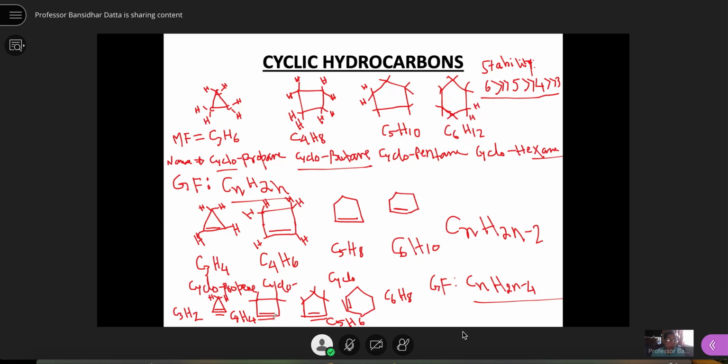Next one is cyclobutane, butyne. Next one is cyclopentane, pentyne. Last one is not that difficult, cyclohexane, hexyne.